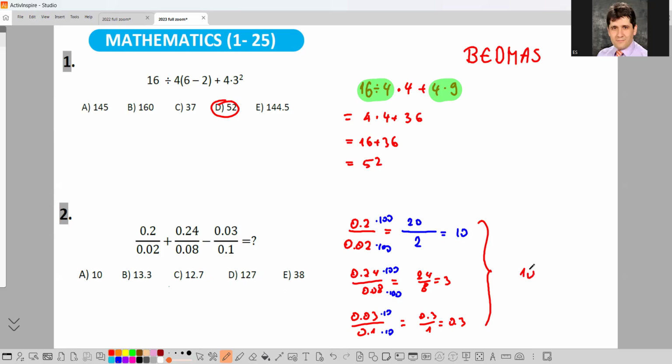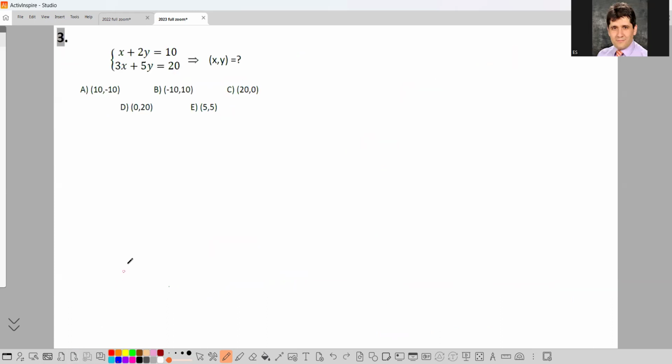I get 10 plus 3 minus 0.3, which is 13 minus 0.3, which is 12.7. So this is our answer, 12.7. Let's move on to the next question.